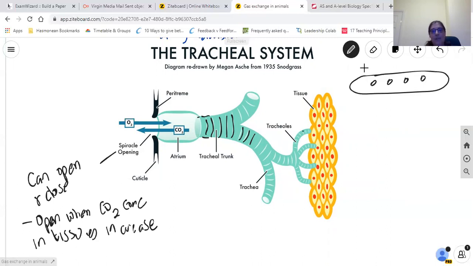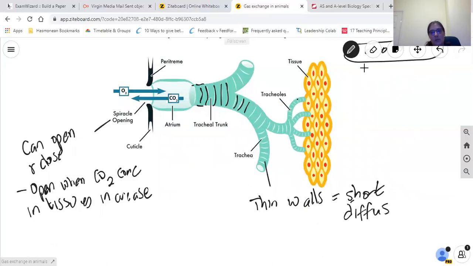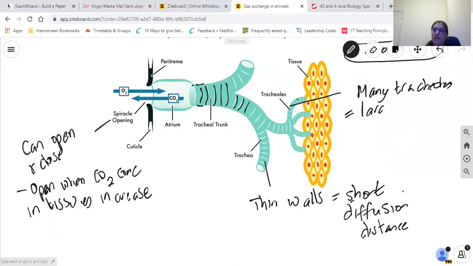Once again, the same principles apply, because we've got a gas exchange system. We have thin walls, which is a short diffusion distance. We've got many tracheoles, which equals a large surface area, which equals a quicker rate of diffusion.